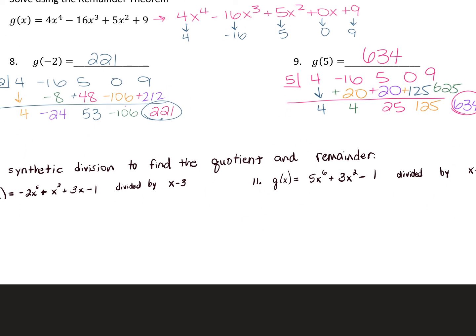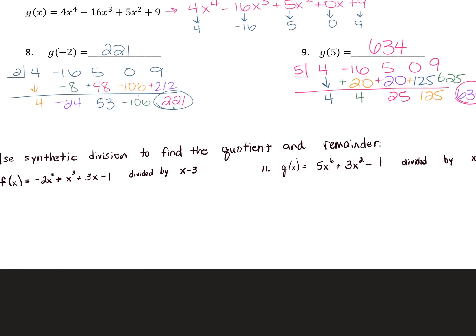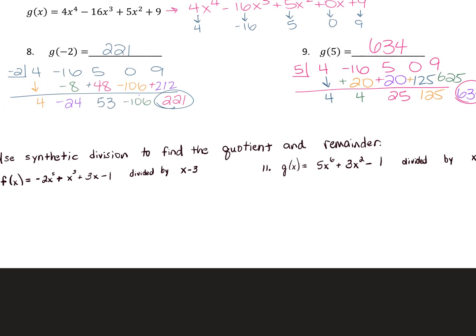For 10 and 11, you are using synthetic division to find the quotient and the remainder of each of these. For 10, you have f of x is equal to negative 2x to the fifth power plus x cubed plus 5x minus 1, divided by x minus 3.